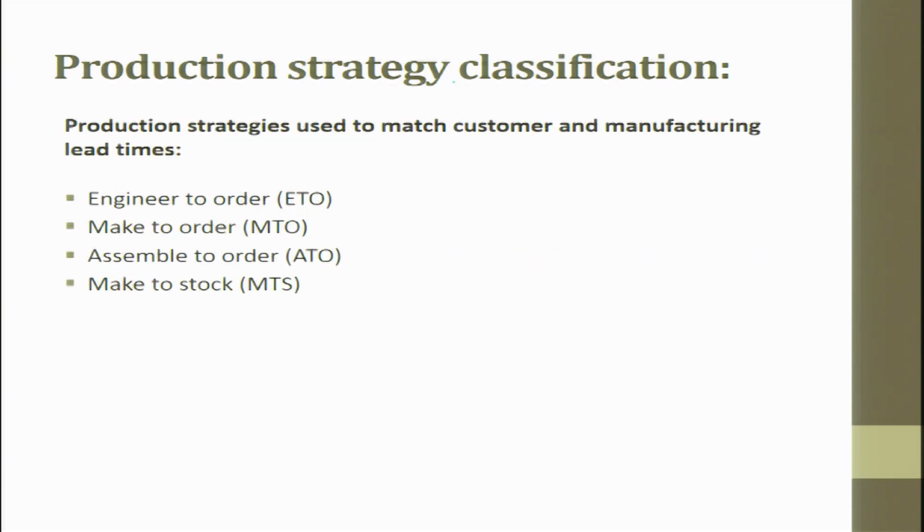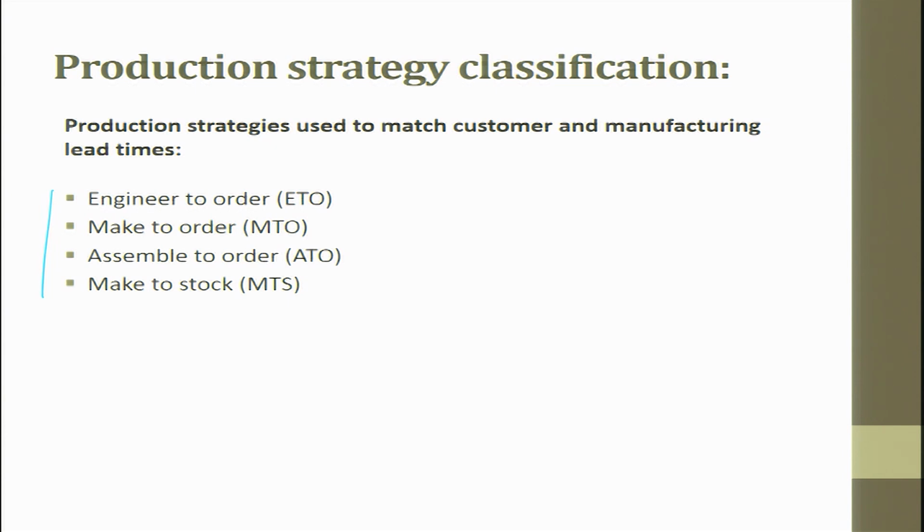The production strategies are generally classified into four. We have in the back of our mind that production strategy is used to match customer and manufacturing lead time. We have to do this, otherwise we will be losing the product in the market. So, we should make sure that customer lead time and manufacturing lead time are the same.